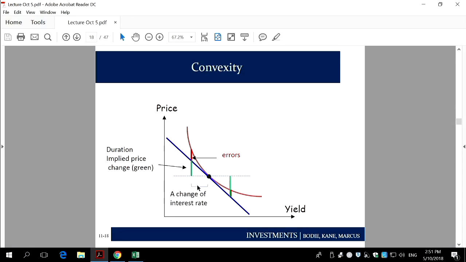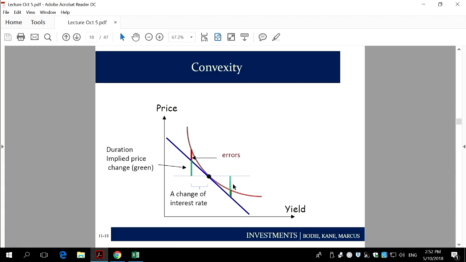If the interest rate goes down, higher convexity means the red part would be bigger, so your price change will be even higher. So this green part is bigger. But unfortunately, if the interest rate goes up, your price drops. But because this red part is bigger, the price drop is not that big.